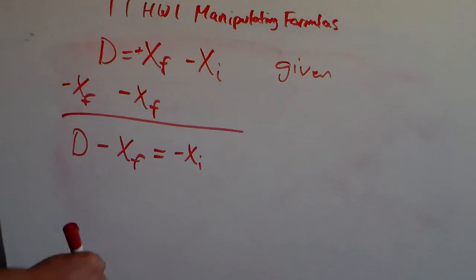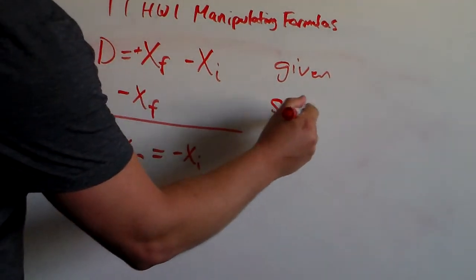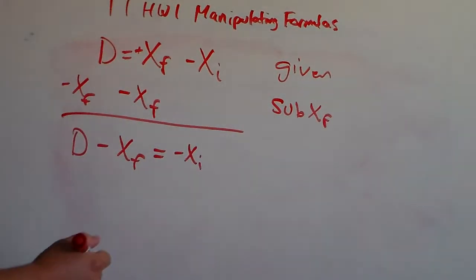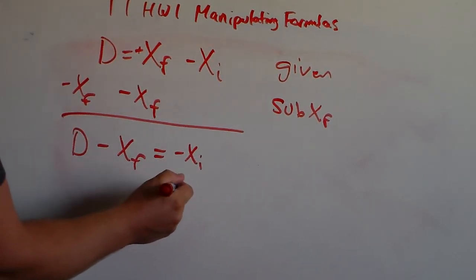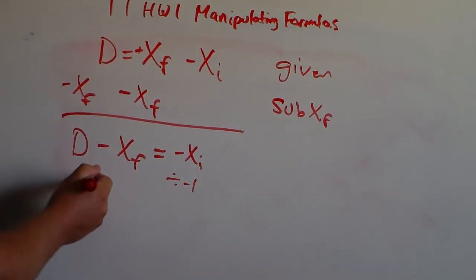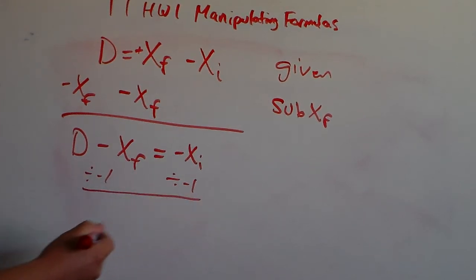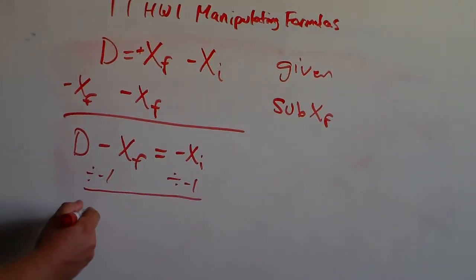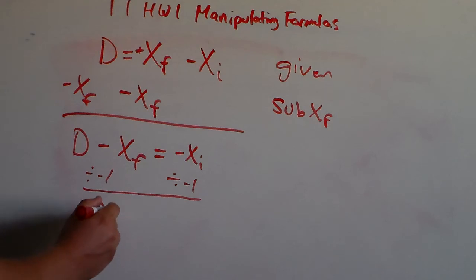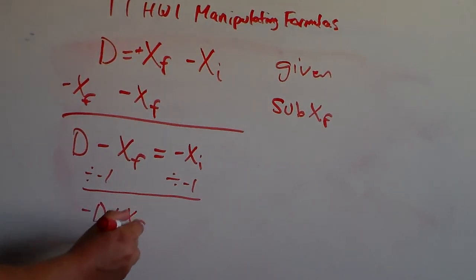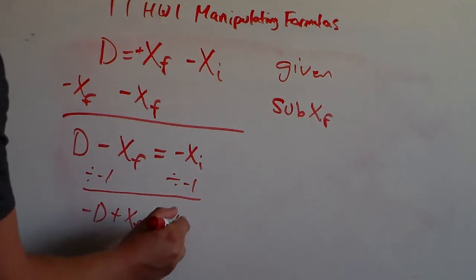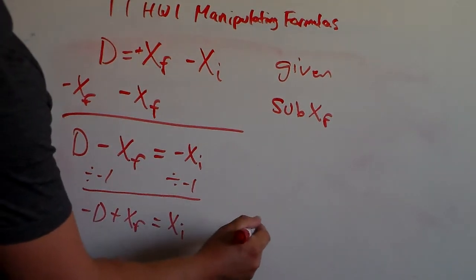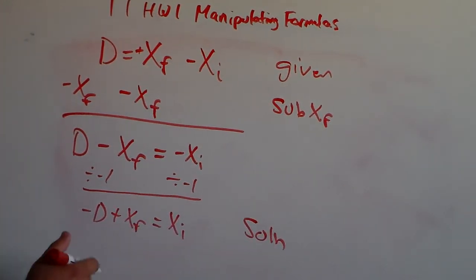We're close to getting xi all by itself. We subtracted xf from both sides. Now we divide by negative 1 to both sides of the equation. So we get negative d plus xf equals xi. Now xi is all by itself, so that's our solution.